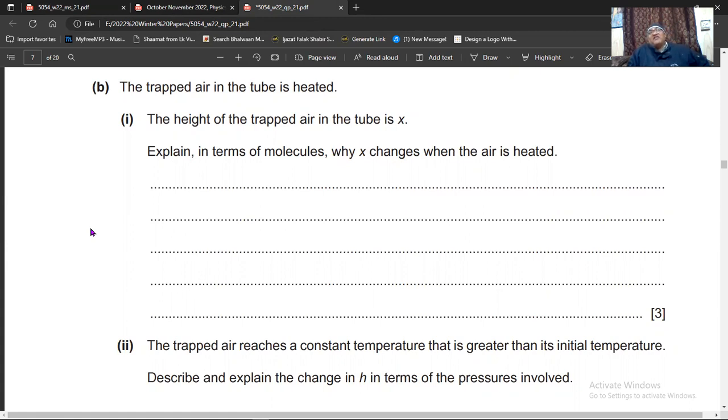And because now they have more kinetic energy, they will exert more force. So a larger force per unit area will be exerted on that liquid due to that air. So the pressure of that air will increase. So that's why that liquid will go down and the length x will increase.